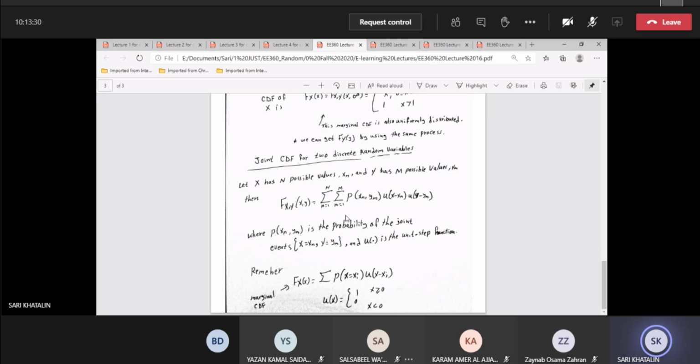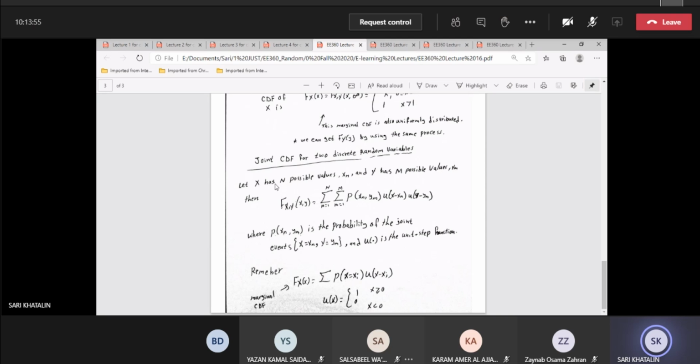Now since we have two random variables, we have a double sum, where X has n possible values and the other one has m. Then we can write them the same way.